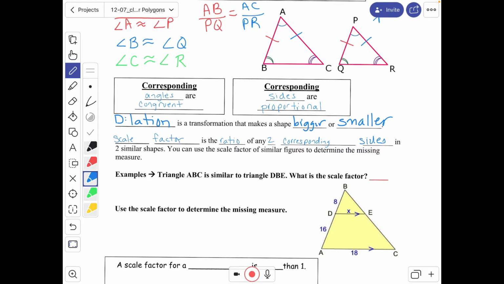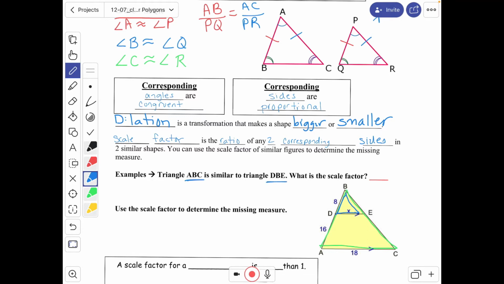So, for example, we have two triangles. There is triangle A, B, C, which is the big triangle, and then it is similar to triangle D, B, E. And notice when they list this, they're in very specific order.